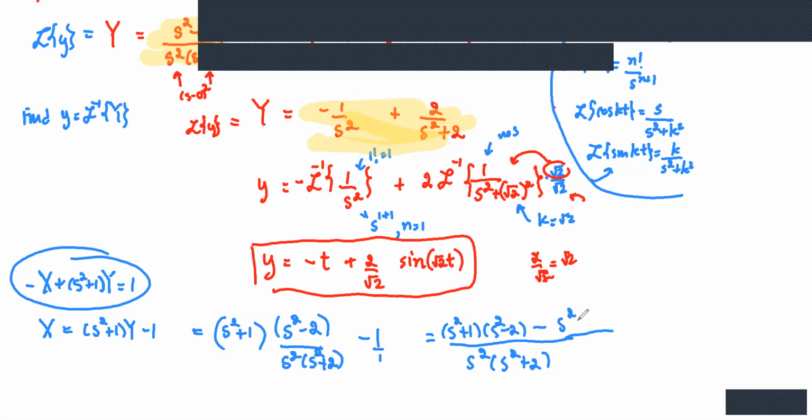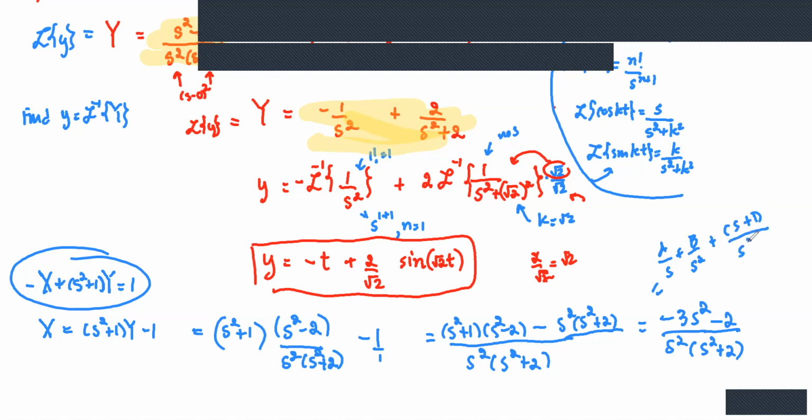Multiply both top and bottom by s squared times s squared plus 2. Simplify to get negative 3s squared minus 2 divided by s squared times s squared plus 2. Could you do that real quick in Symbolab, find the partial fractions? It's going to be the same pattern: A over s plus B over s squared plus C s plus D divided by s squared plus 2.